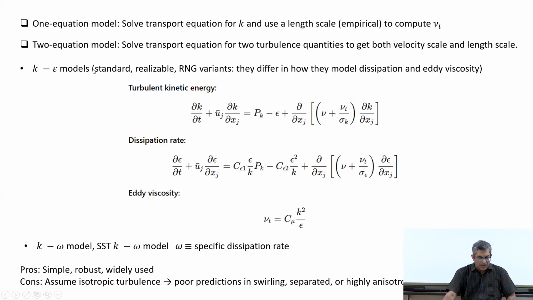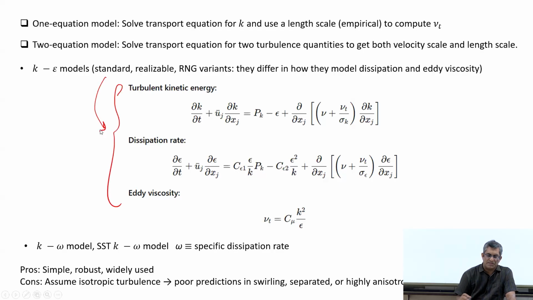Here we have the K epsilon models. You would have come across this earlier, at least you would have heard of this in the context of turbulence modeling. There are different types of K epsilon models, based on how we relate them to find the eddy viscosity. For example, this is the standard K epsilon model.